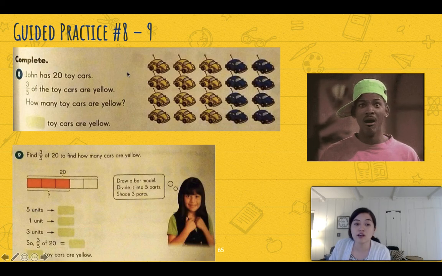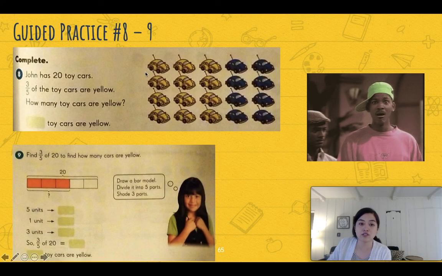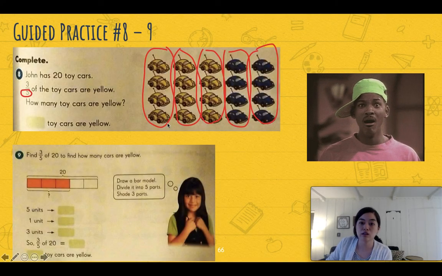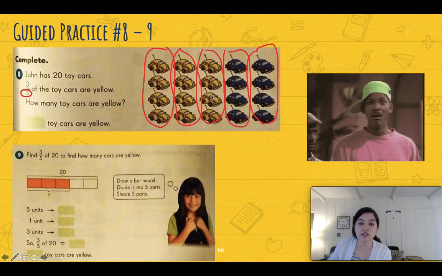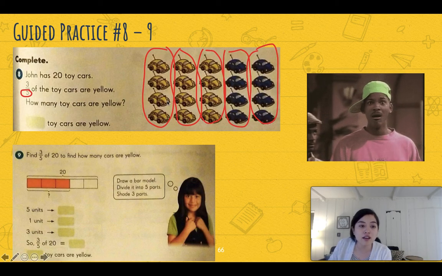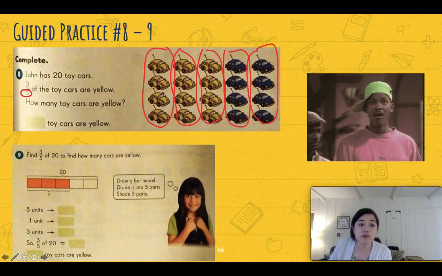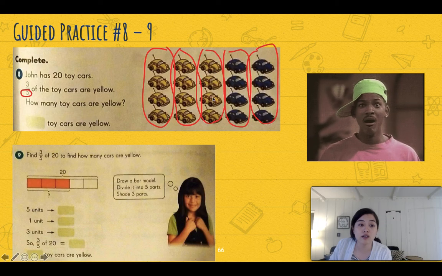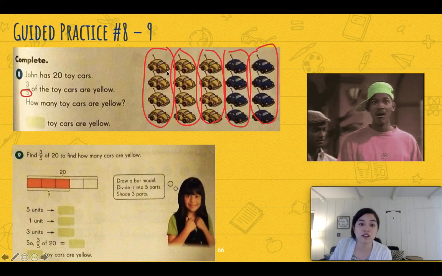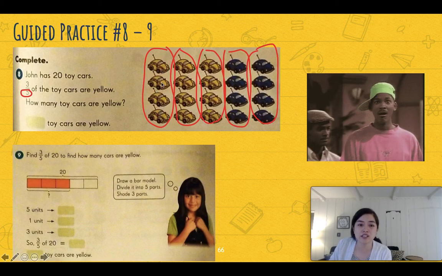So let's see how they separated it. They separated it like this, right? Because here's the total number of groups over here, so 1, 2, 3, 4, 5. And then you know that the numerator tells you 3 groups out of the 5 are yellow. And how many are in each group? 1, 2, 3, 4.